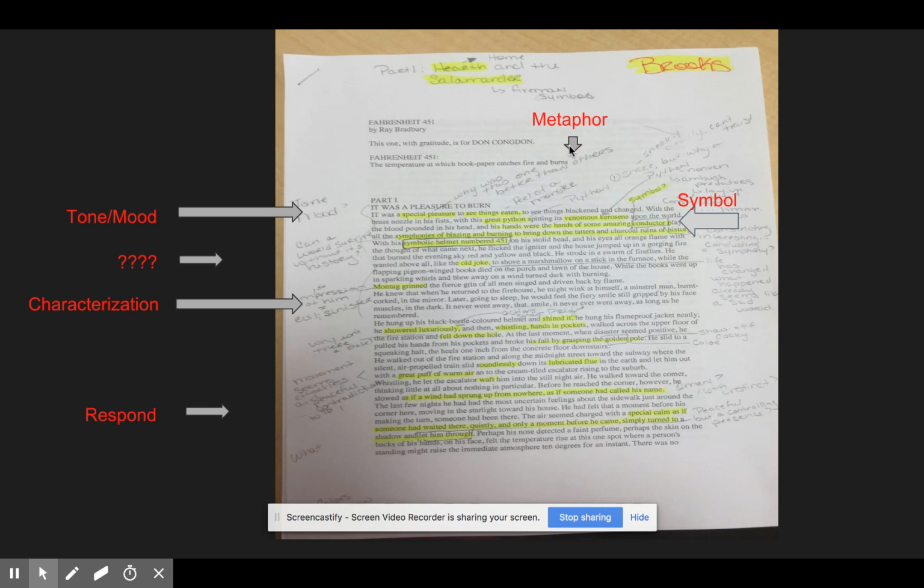Then up here, with this great python spitting its venomous kerosene, we have a metaphor. He's talking about this brass nozzle, this fire hose, as a great python spitting its venomous kerosene. Well, that's interesting because a python is a constrictor and it wouldn't be venomous. So then I know I have to start digging into it.